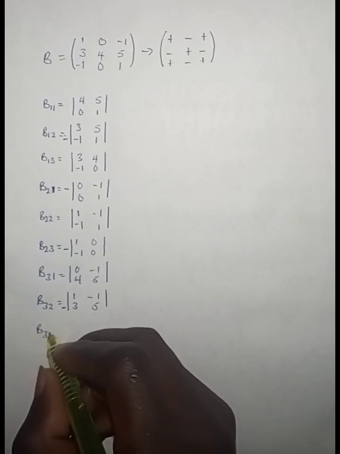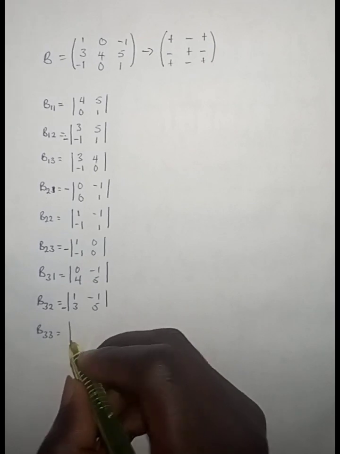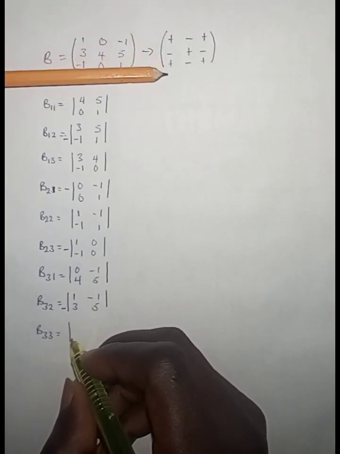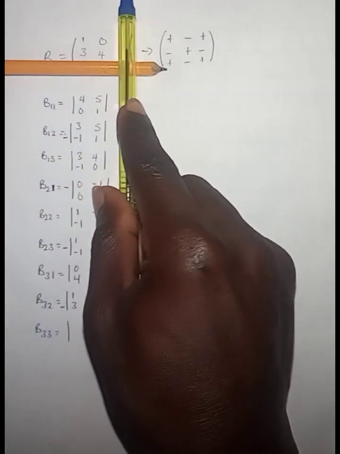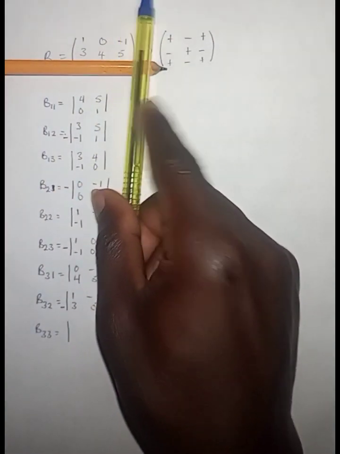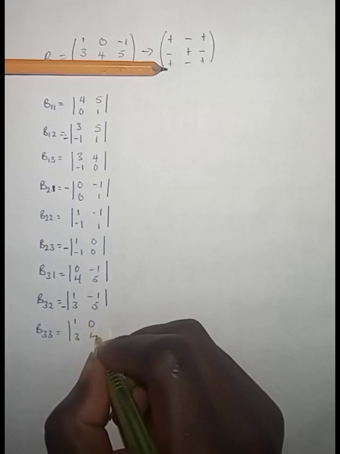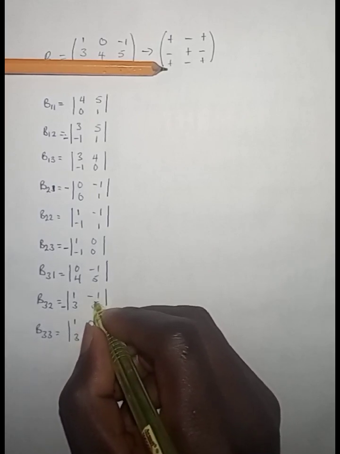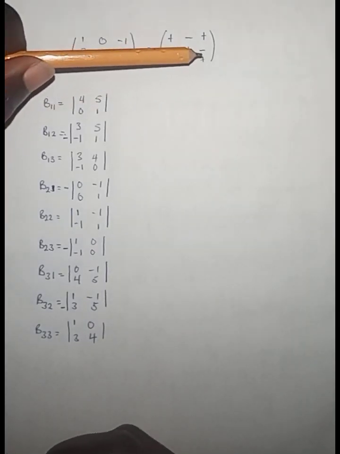Then B33, we block row 3, column 3. We are left with 1, 3, 0, and 4. And the sign is plus.